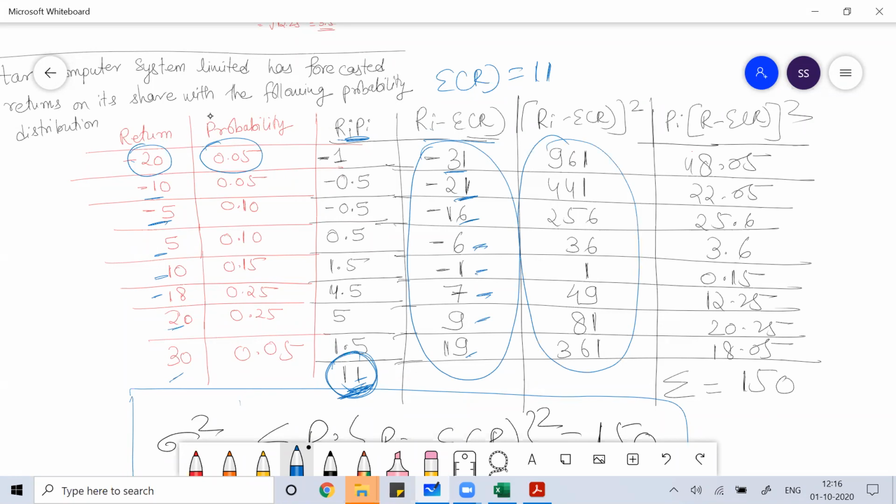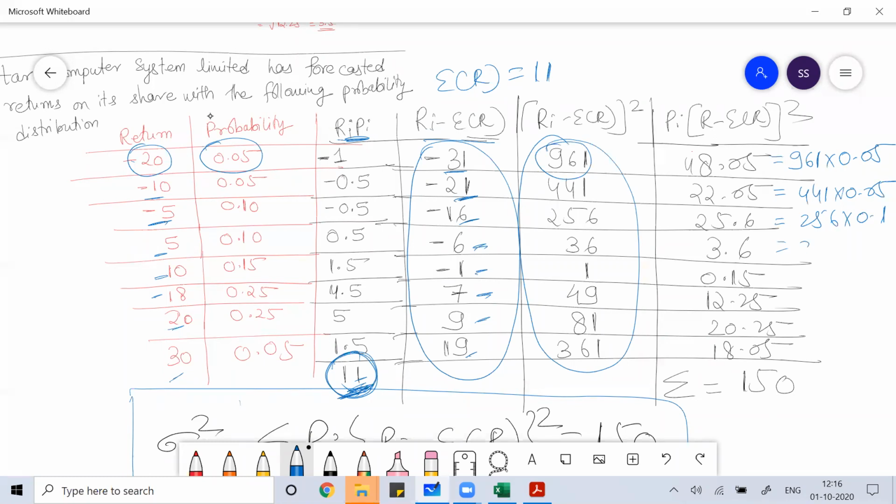So do the square of that. 31 square 961, 21 square 441, 16 square 256, 6 square 36, 1 square 1, 7 square 49, 9 square 81, 19 square 361. Then multiply this forward. 961 into 0.05. Then 441 into 0.05. Then 256 into 0.1.